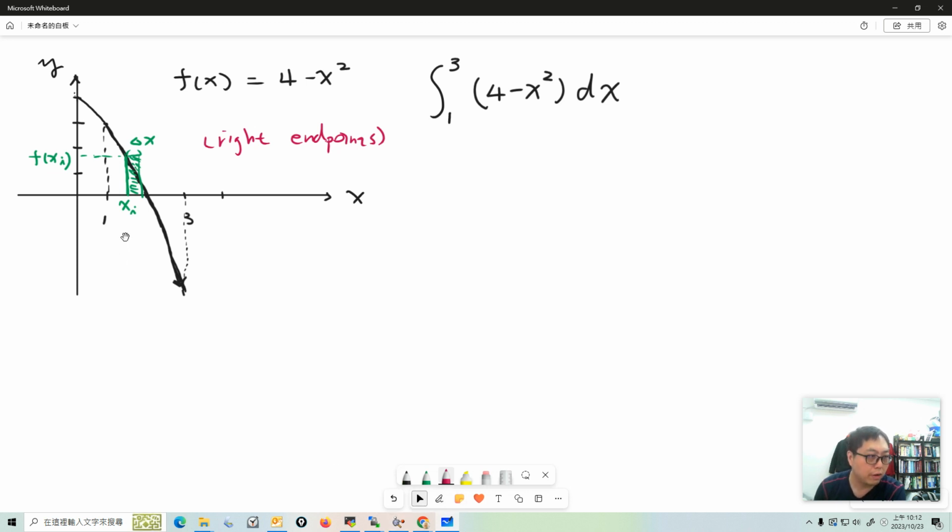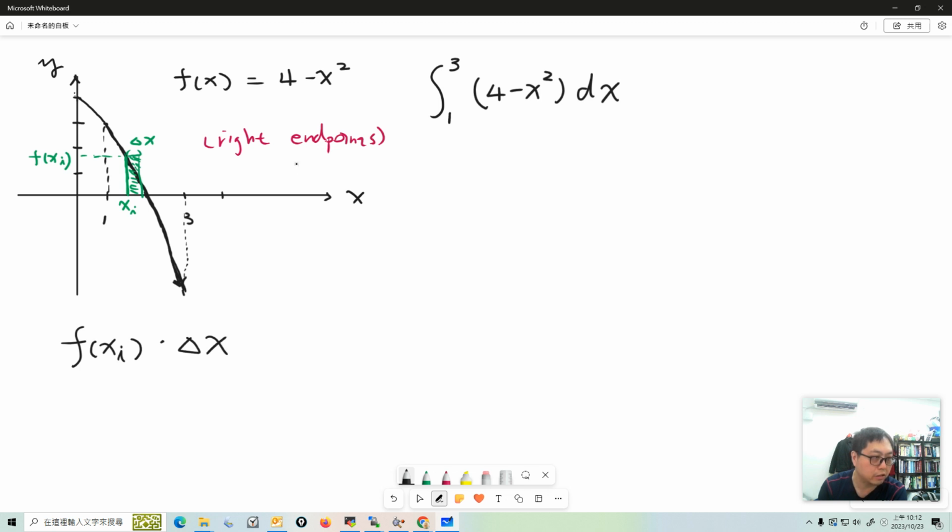So for the right endpoint method, suppose I have xi here, corresponding to f of xi, and I take the right endpoint, and the spacing is delta x. In the last video we showed that the area of the tiny rectangular patch is f of xi times delta x.